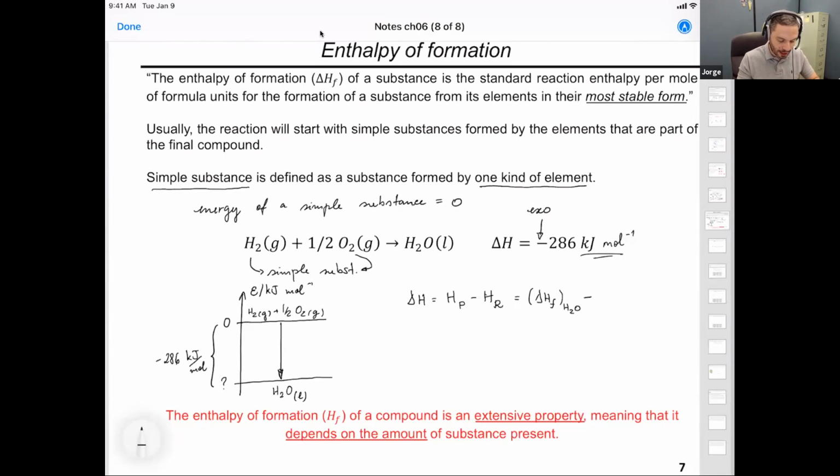Because we only have simple substances, the energy level of the reagents is going to be zero. Okay. And again, here, this is zero because we only have simple substances to start with.